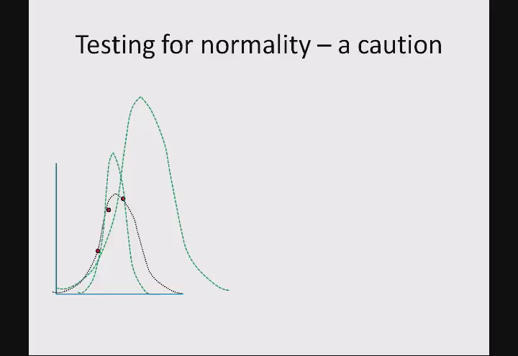So we have no confidence, in fact, that small numbers of samples are normally distributed, and so we would not routinely or commonly use this type of normality-based test on a small number of samples, because we can't tell if the data is normally distributed.